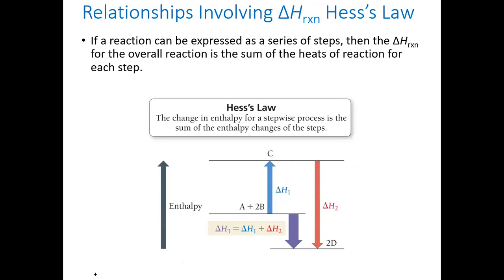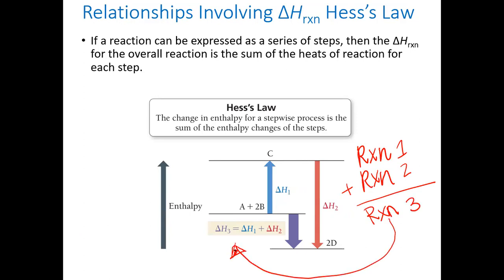In other words, if I have 2 reactions, we'll call them reaction 1 and reaction 2, and I add them together to get a reaction 3, then my delta H for that reaction 3 is simply the sum of the delta H for reaction 1 plus delta H of reaction 2. Sorry, you simply add them together. So that's easy, right?